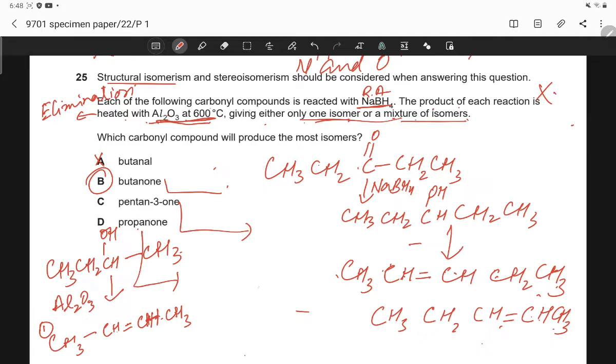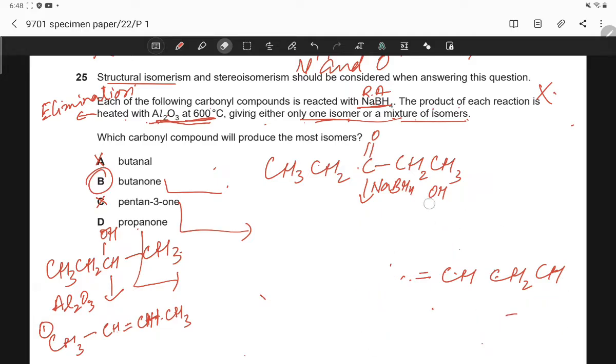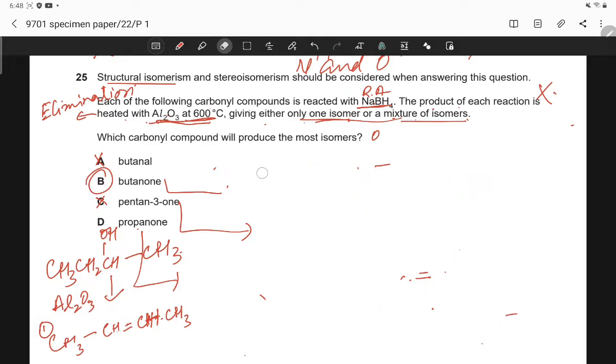So I think this is not the correct option, not forming isomers, so this is an incorrect option.